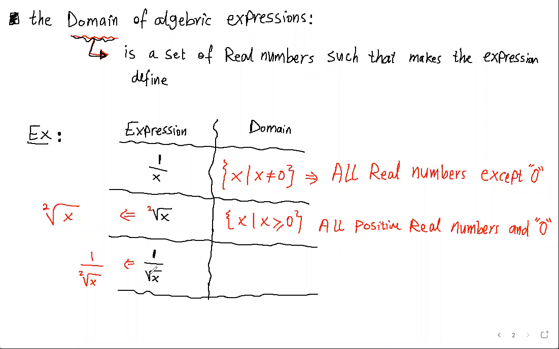But the problem here is that the 0 will not be accepted. The 0 will not be inside the domain. Why? Because 1 over 0, if we look at the whole expression, gives me undefined. So the answer looks like this one, but we remove the 0. So it will be x such that x is greater than 0, without the equal.